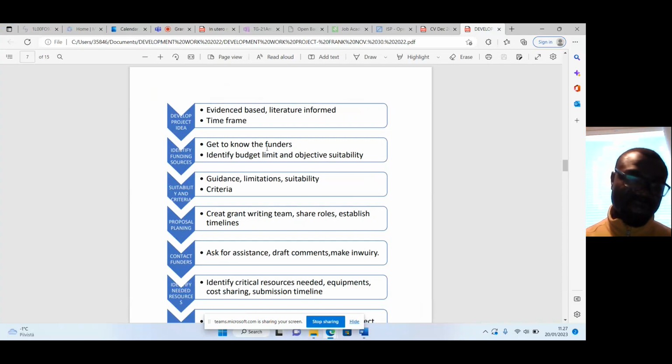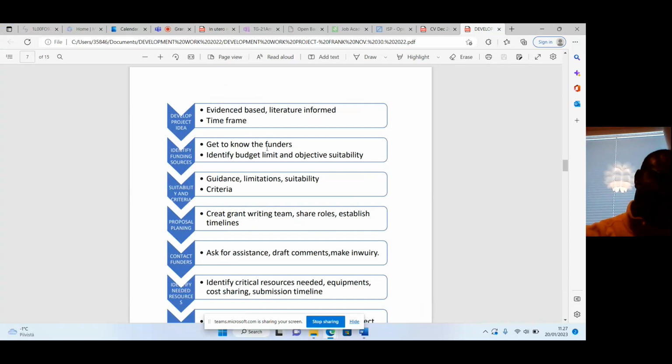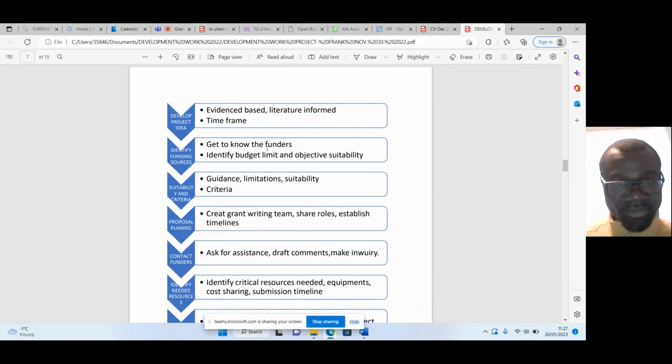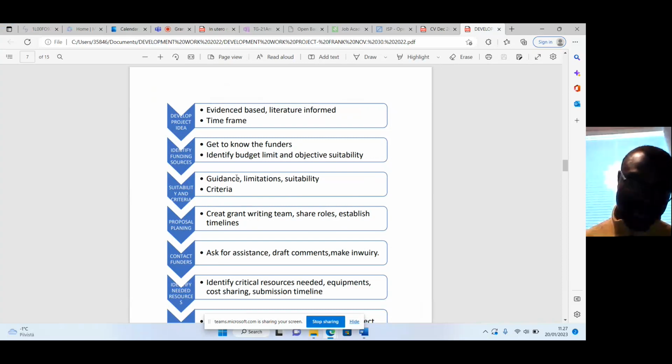We cannot present the application we used for funding A, in the same format, and present it for funding B. It will not work. So we need to know the funding agencies that are responsible for that. We also need to know the guidance and limitations and suitability, and also the criteria for all this. So we need to know the agency, and we know what they require.